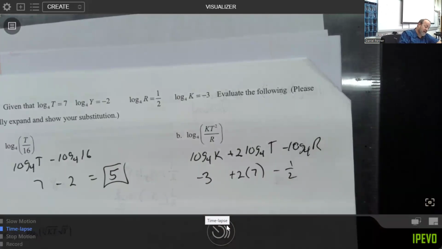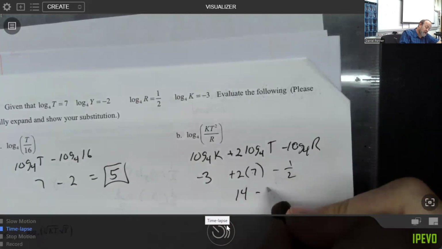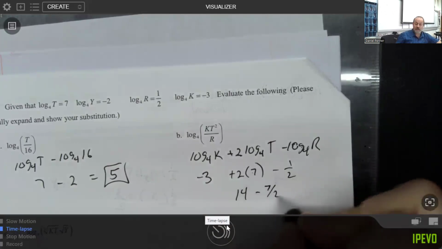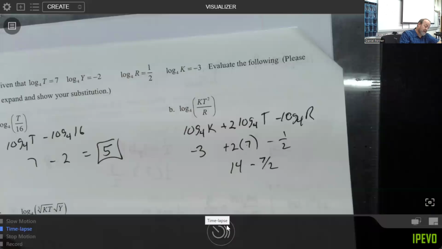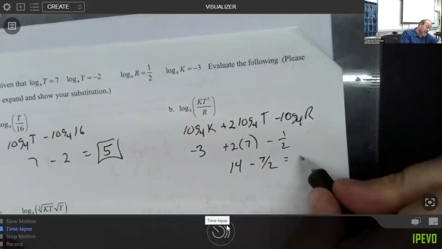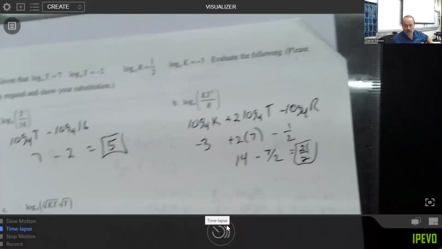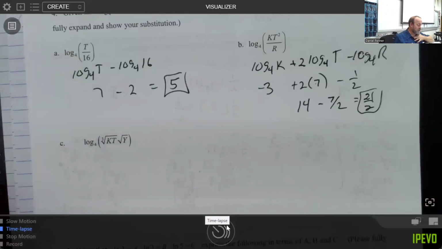So it looks like I've got 14 here, and I'm going to lose 3.5 or 7/2, depending on how you like to look at that. 28 minus 7 would be 21/2. I like to use that. If you like to use decimals, that works okay too.